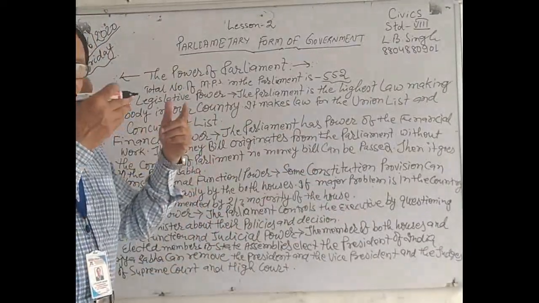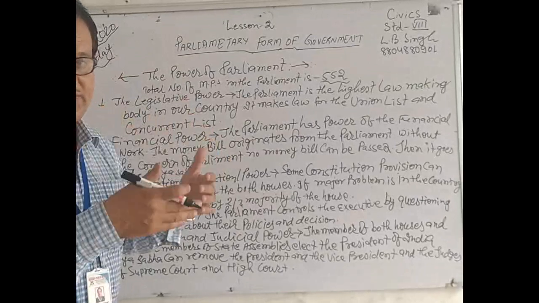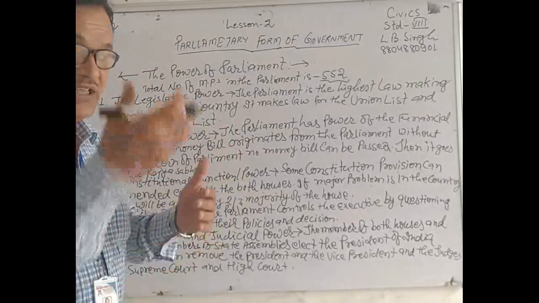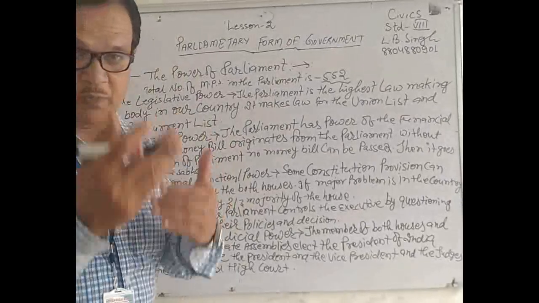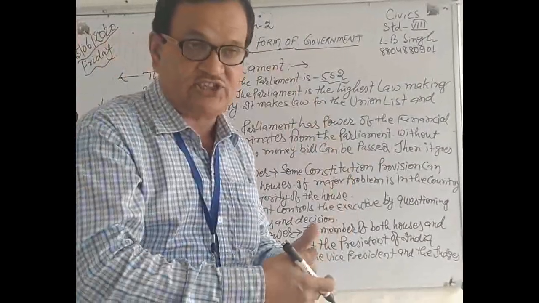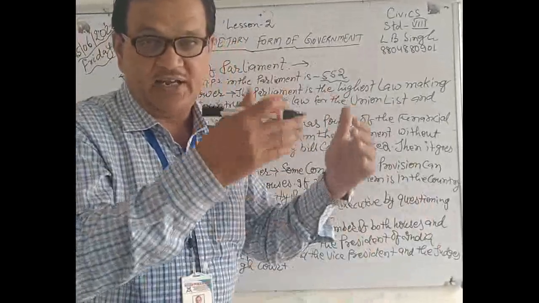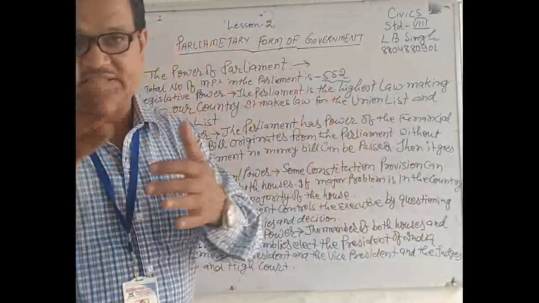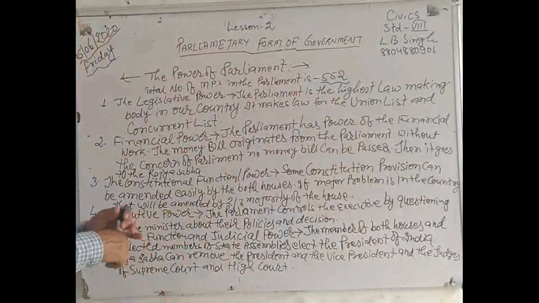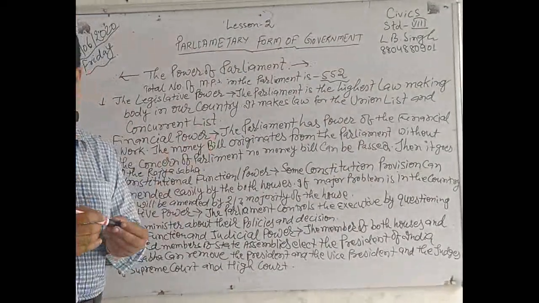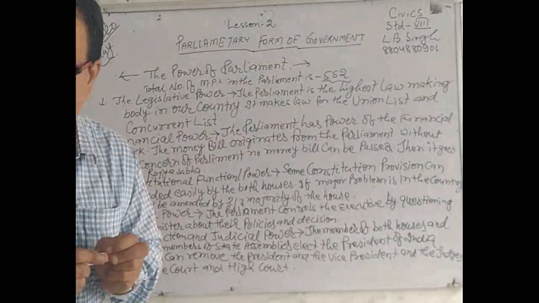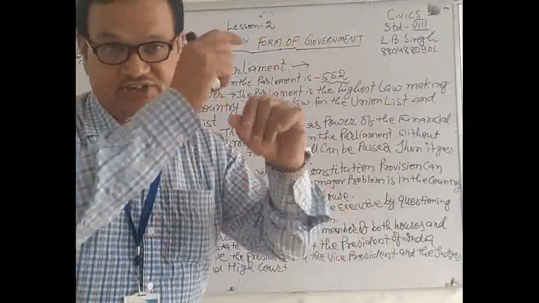The same process applies to the judges of the Supreme Court, the Chief Justice, and the judges of the High Court, who are removed by the parliament by passing impeachment against that person.